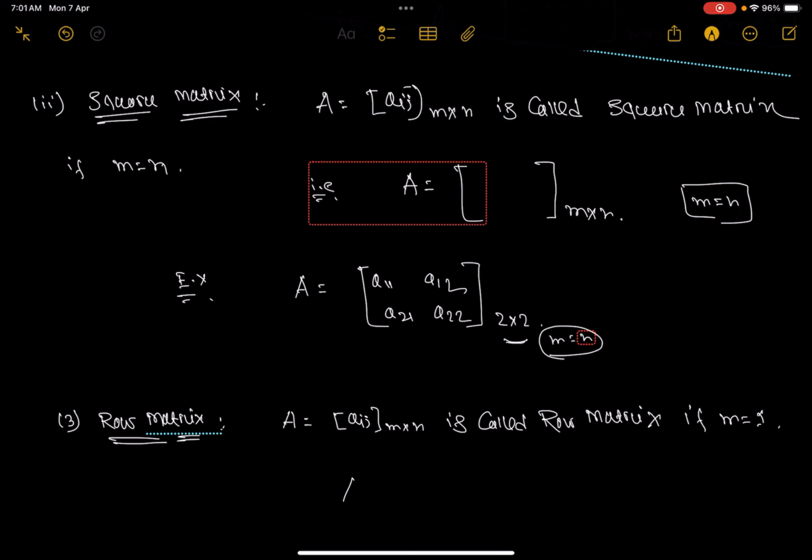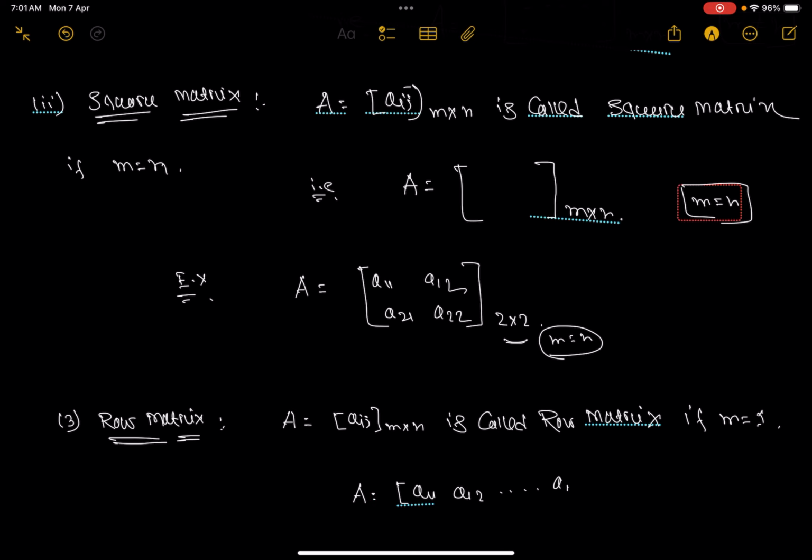Then it is denoted by A equals A11, A12 up to A1n. This is one row with n columns: first column, second column, up to n columns. This is one row.